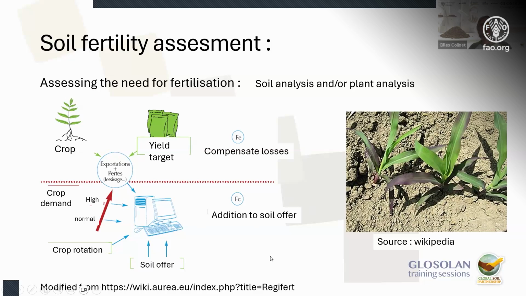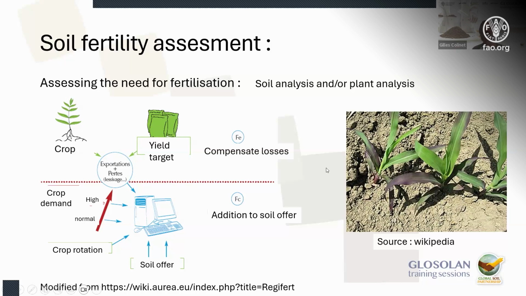in order to define your target of fertilization. And this is mainly based on the soil analysis, but also you can use the plant analysis to see if your crop needs something.